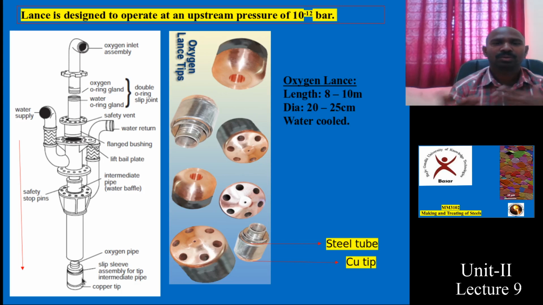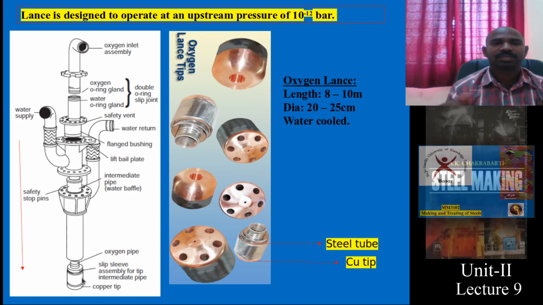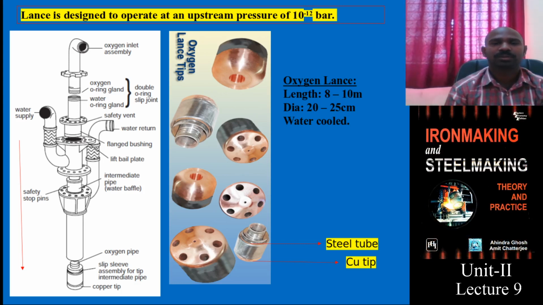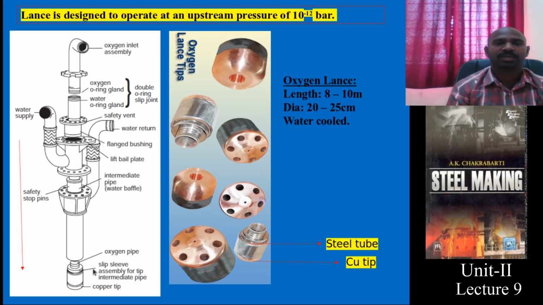It is going inside, but it is not dipped inside the molten steel. It is residing over the molten steel at around 20 to 25 centimeter. That is why it is protected with the copper tip and steel tube.